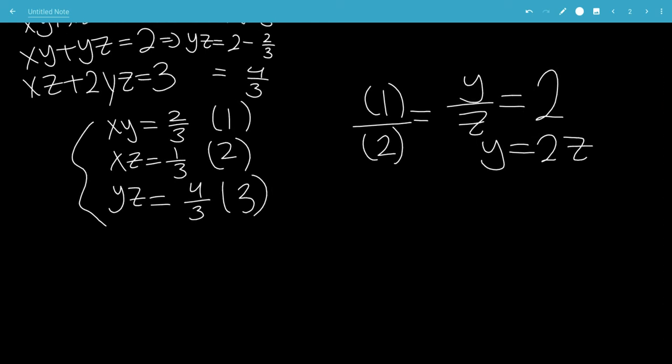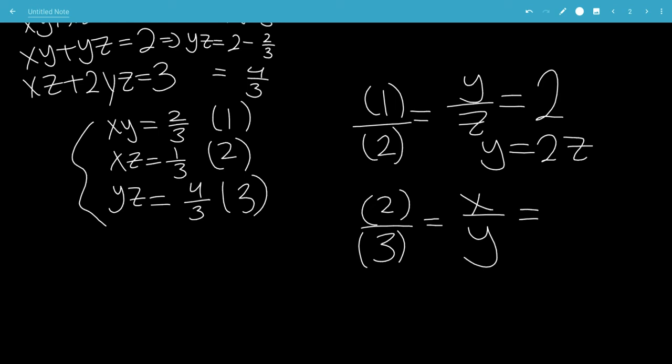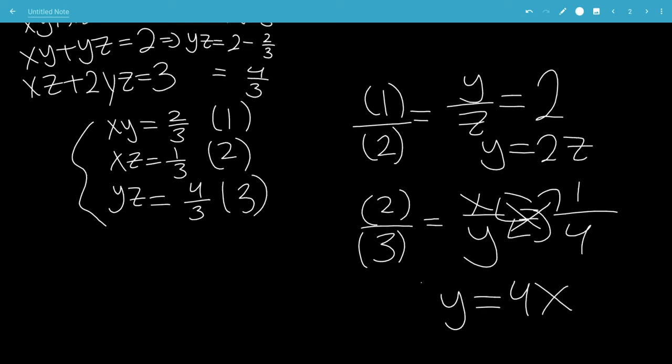Now if we divide equation 2 by equation 3, we get x over y equals, because the z's will cancel, 1/3 over 4/3. Again, the 1/3 will cancel, leaving us with 1/4. So we can cross multiply these, leaving us with y equals 4x.